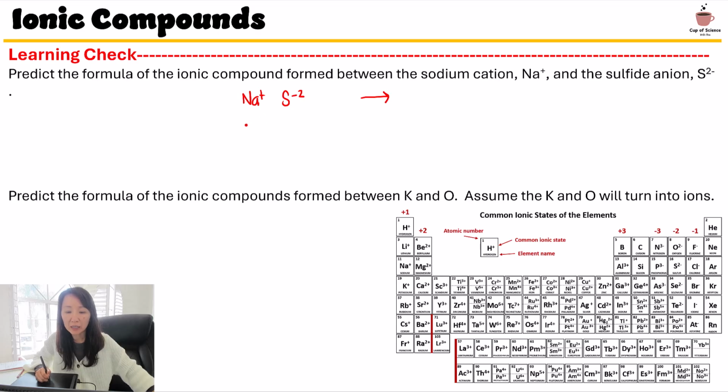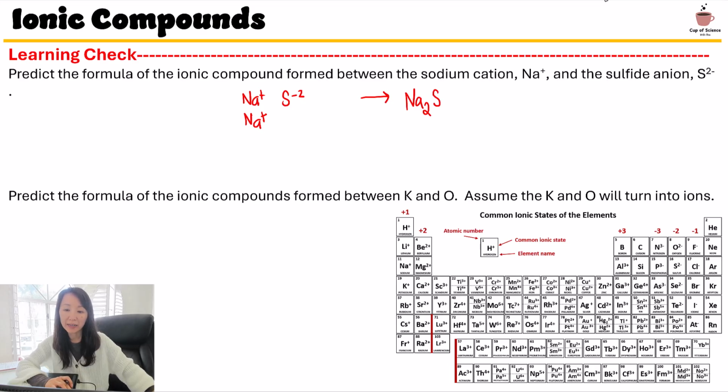Well, you need additional sodium, because you need 2 sodium for every 1 sulfur, since there's 2 positive for every 1 negative. So we're going to write the metal first, which is the sodium, and then there's 2 of them, and sulfur. And we don't write the 1 because we just assume there is a 1 there.